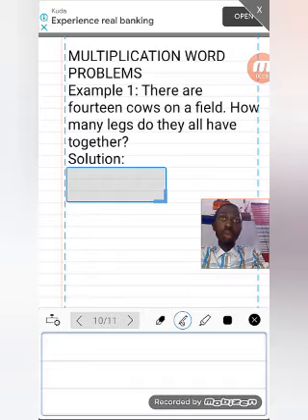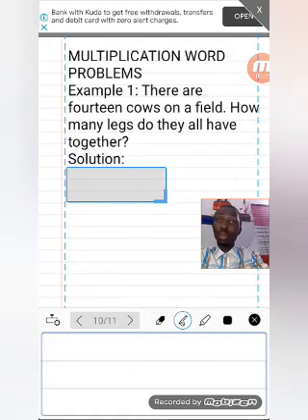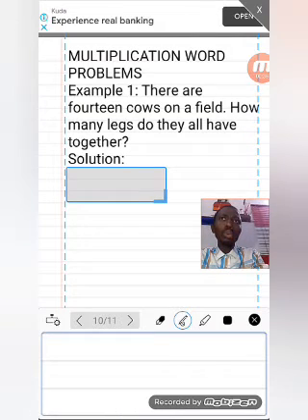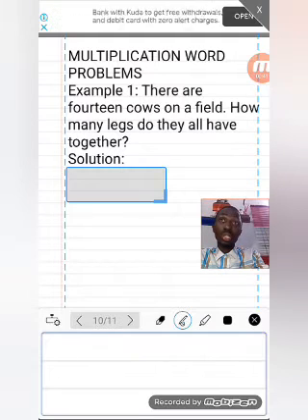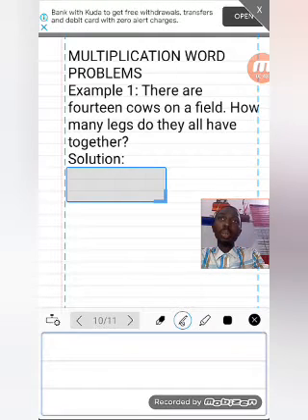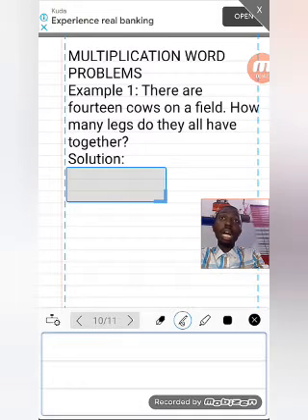You know, cows. There are 14 of them, 14 cows on a field. How many legs do they all have altogether? That is, if you count all the legs of the 14 cows in the field, how many will they be?